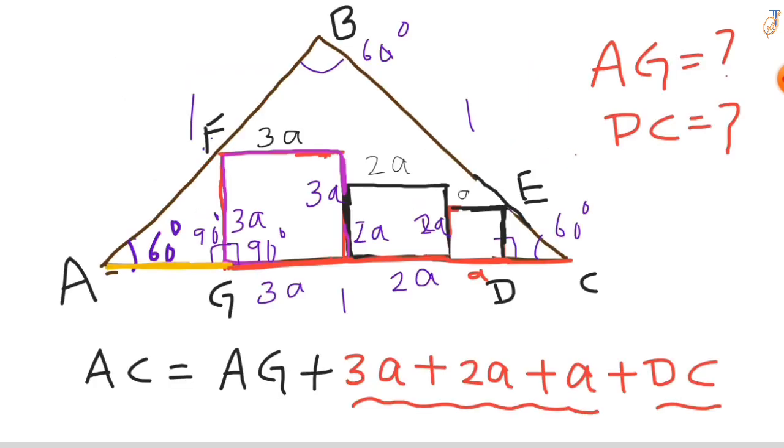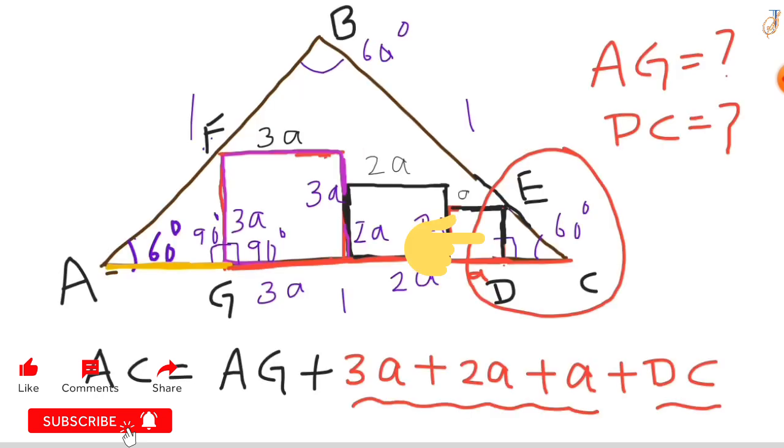For that, observe this small triangle, CDE. Here is the magnified view of triangle CDE. DE length is A and the CD length we don't know. Let us assume the CD length is X. The C angle is 60 and the D angle is 90.